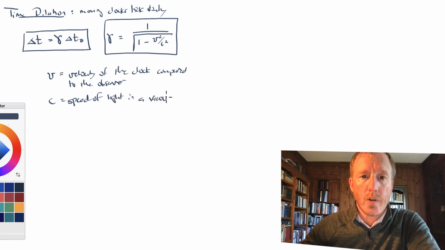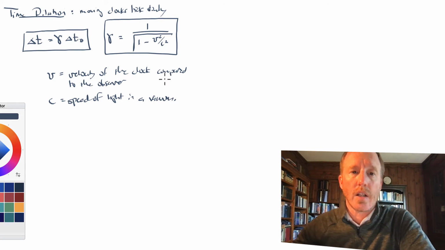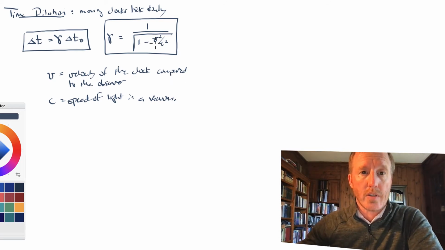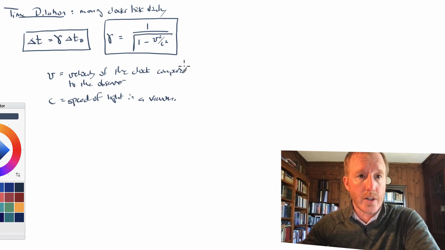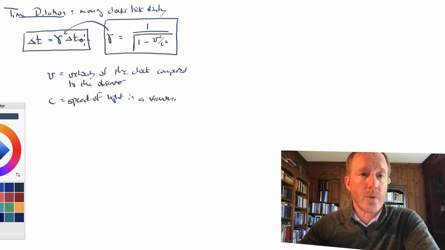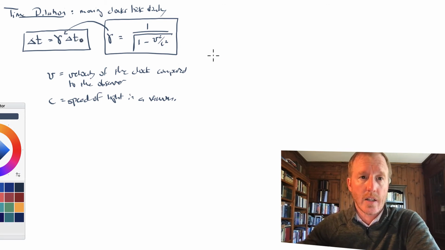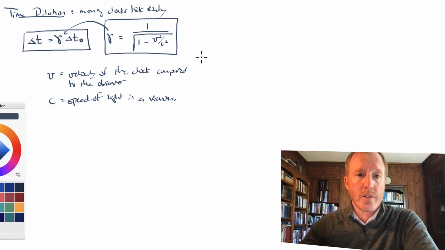So if you know the speed of the clock relative to the observer, that's v, and the speed of light in a vacuum, 3 times 10 to the 8th meters per second, it's very simple to calculate gamma just by plugging into this formula. You can then plug that into this formula and find the relationship between delta t and delta t naught. Those are the time between ticks of that clock as measured by various observers.